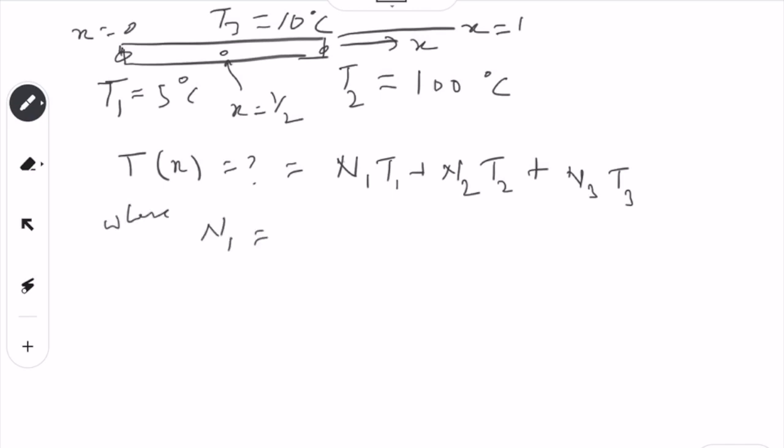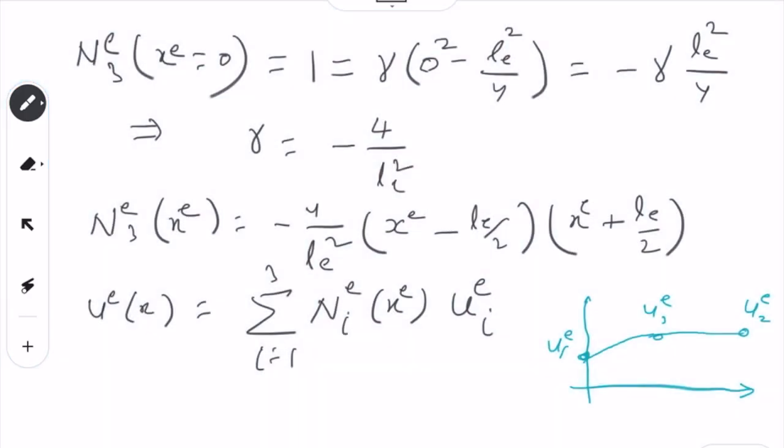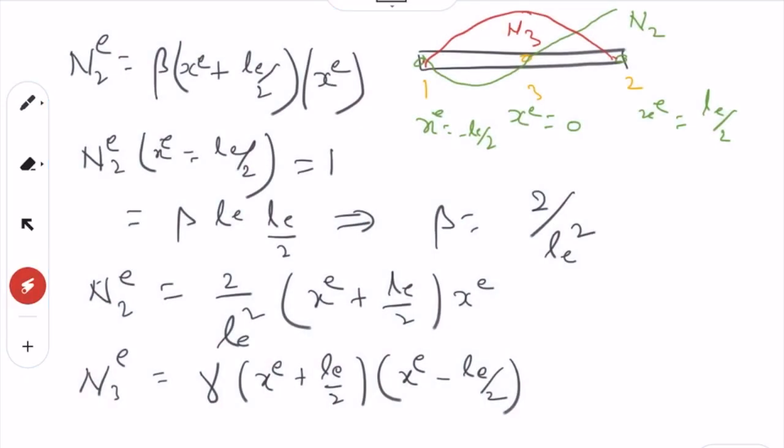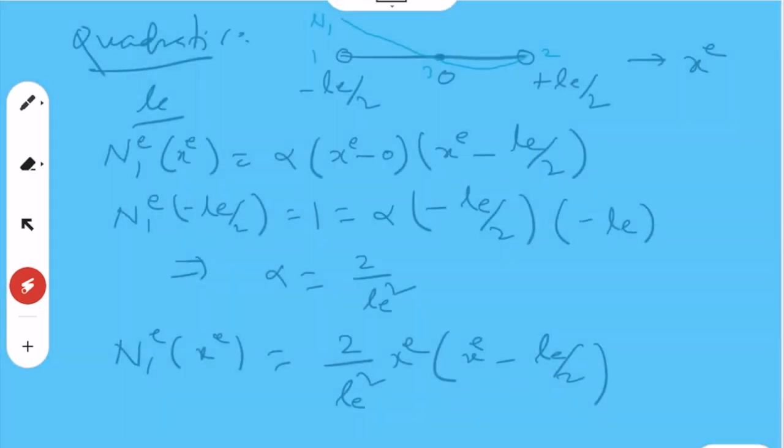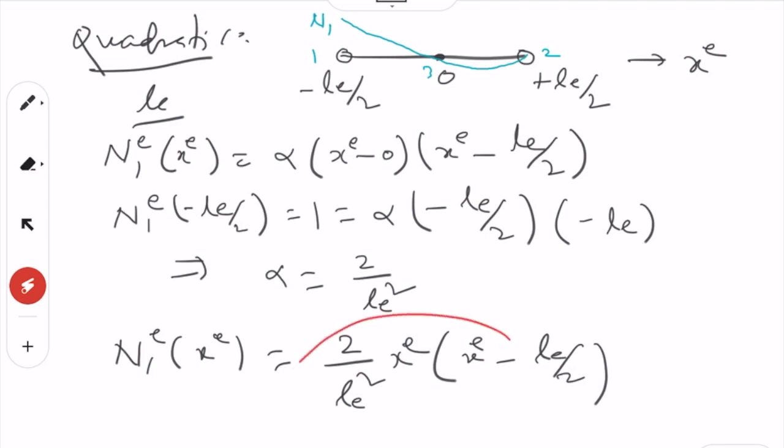As we have seen, N1 is equal to 2 over le square, and le, the element length here, is 1.